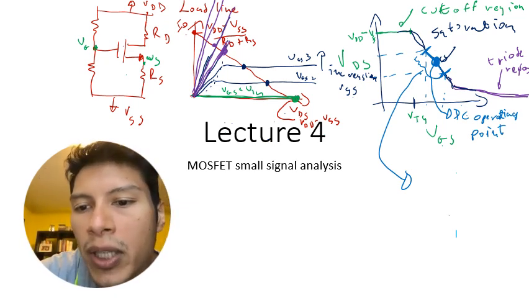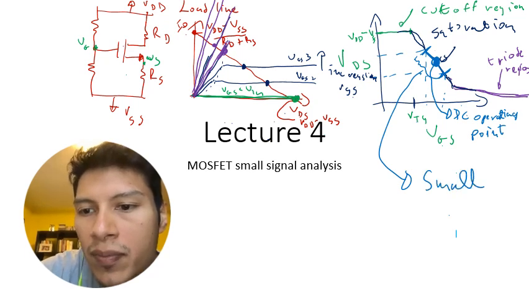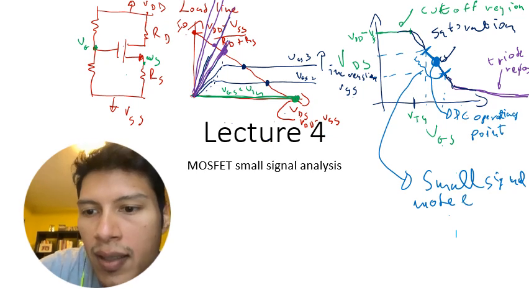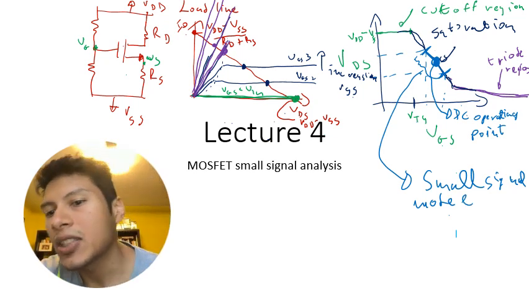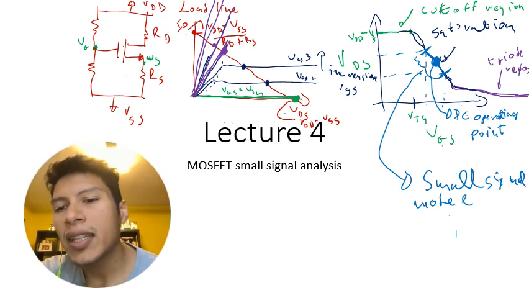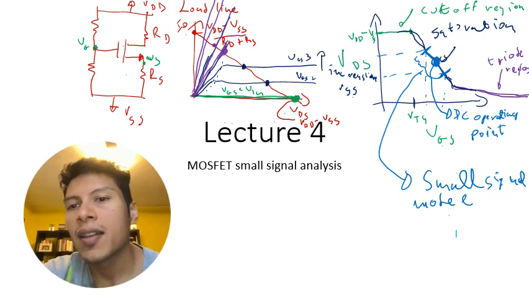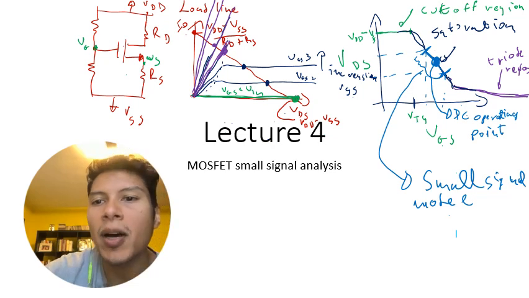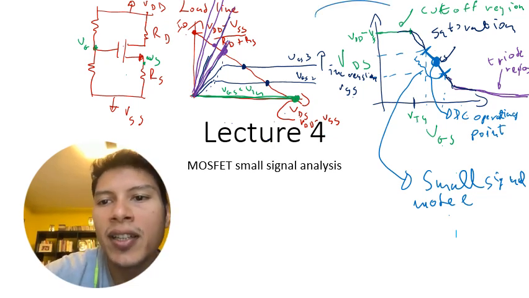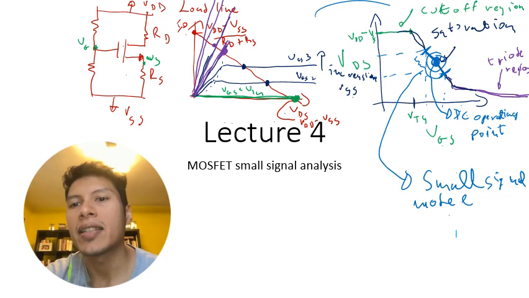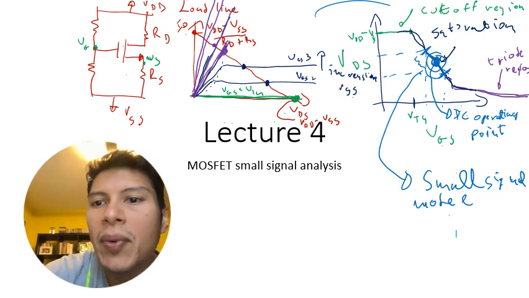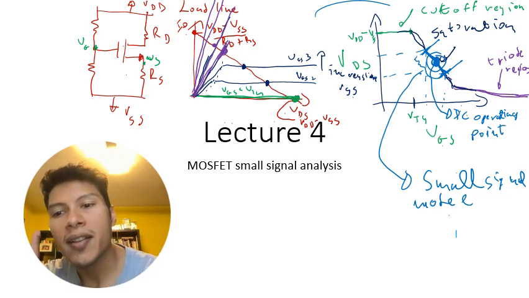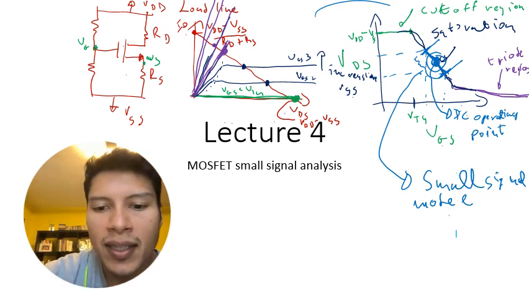And that's what we call the small signal model. And the slope of this line is actually gm. So at this point, you don't really need to know the precise math of the derivation of the small signal model, but you should intuitively understand this picture. You should know why we want to operate near the center, and why we want to have a small signal, so that our small signal model is valid.